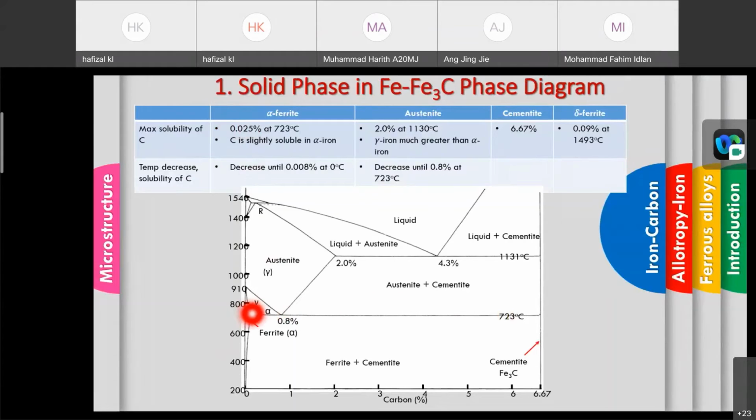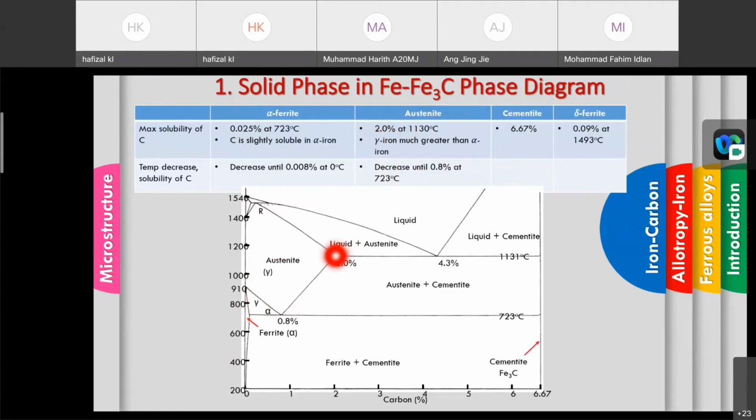Okay, at this point, the carbon is slightly soluble in the alpha iron. Once the amount of carbon is increased, the alpha iron does not exist anymore. It will transform to the other, which is gamma iron, which is the austenite. So the austenite region is whereby the maximum of the carbon soluble is in this area.